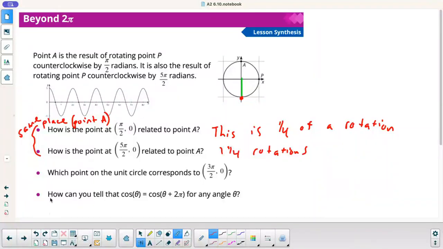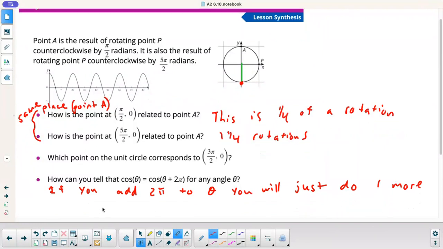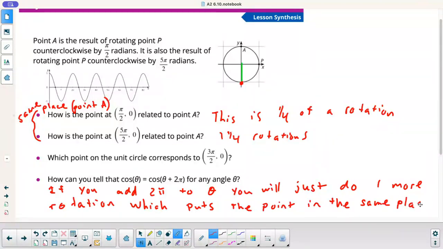I would say if you add 2 pi to theta, you will just do one more rotation, which puts the point in the same spot or same place. Okay.